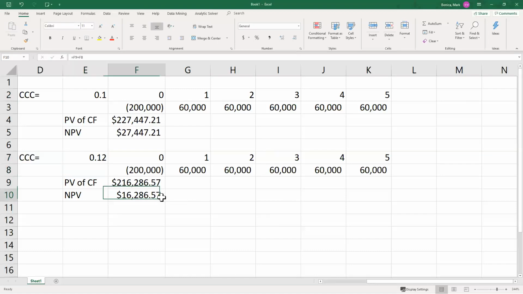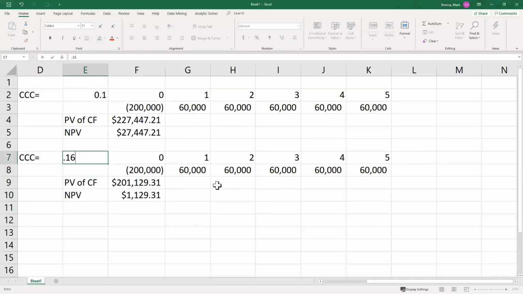And as you can see, the NPV changed. First the present value of the cash flows got smaller, because we are now discounting those future cash flows at a higher rate. When we use a higher discount rate, the value of those future cash flows gets smaller. The bigger we make this, the smaller that number becomes.